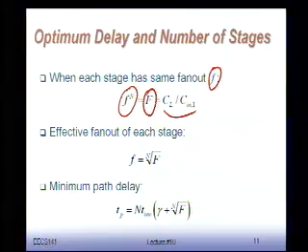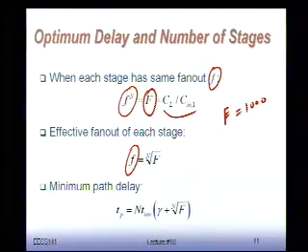So then the effective fan-out of every stage, if you have f to the nth equal to capital F, well, then we can compute f by just taking the nth root of capital F. So for instance, let me take a very simple example. Suppose that I have a ratio capital F equal to 1,000. Okay?